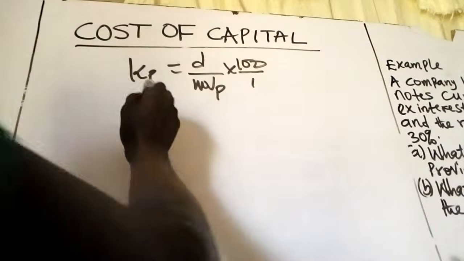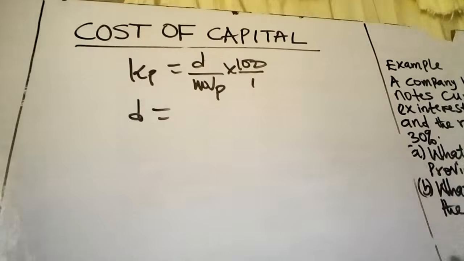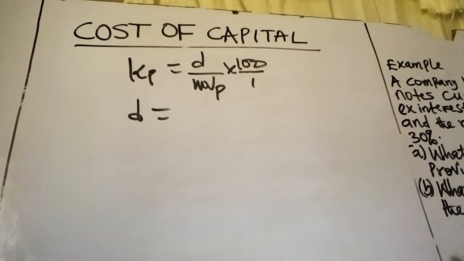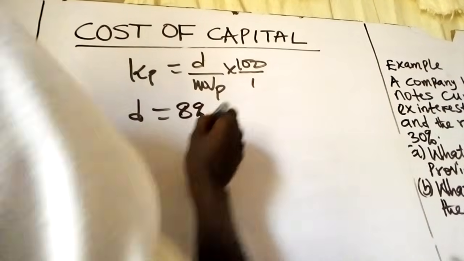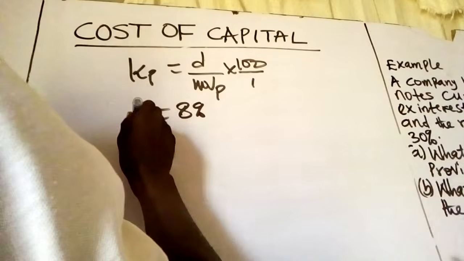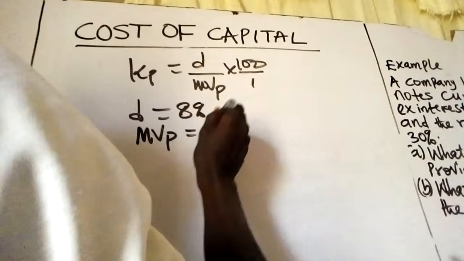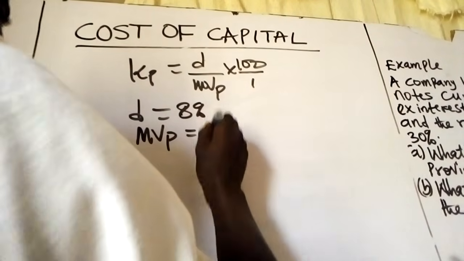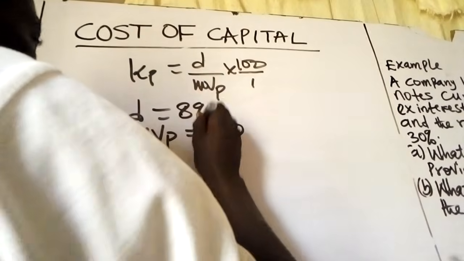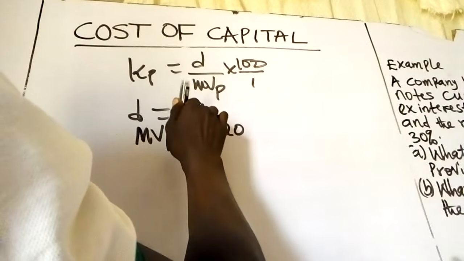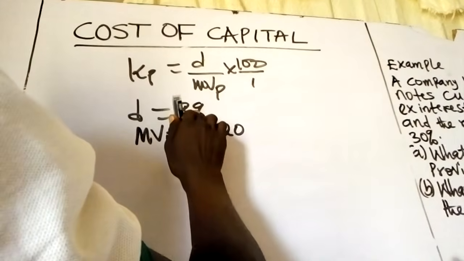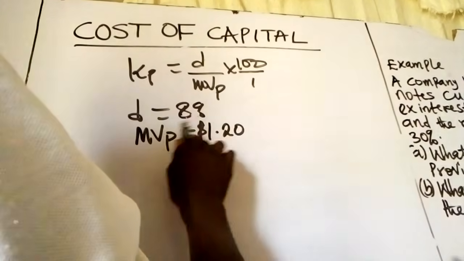The dividend rate is 8%, and the ex-div market value of preference shares is given to be $1.20. Your percent is equivalent to cent, so you can convert it to cents too.